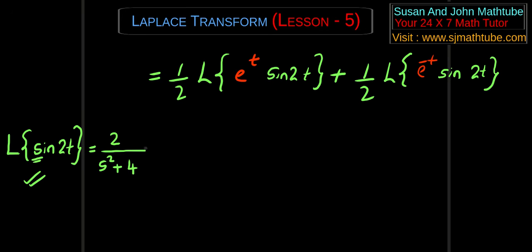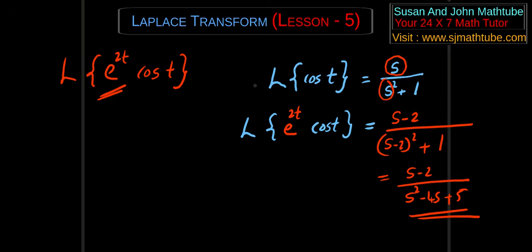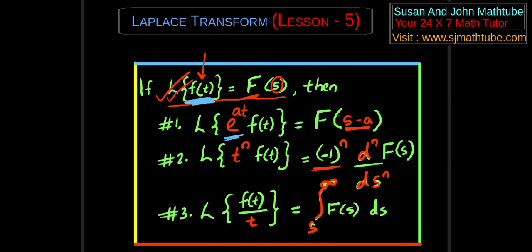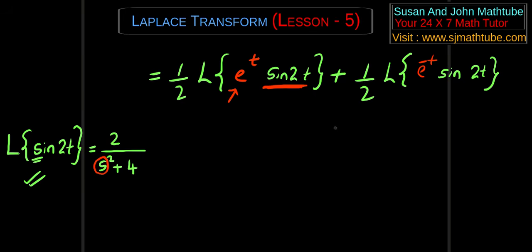Now I am going to circle this, because in this lesson what we learned is, if you know the Laplace transform of a function, then you can obtain the Laplace transform of the function multiplied by e power t, or e power 2t, or e power 3t, or e power minus 2t. And what is that property? You have to replace s with s minus a. So that's why I am circling that s. So our answer is ready.